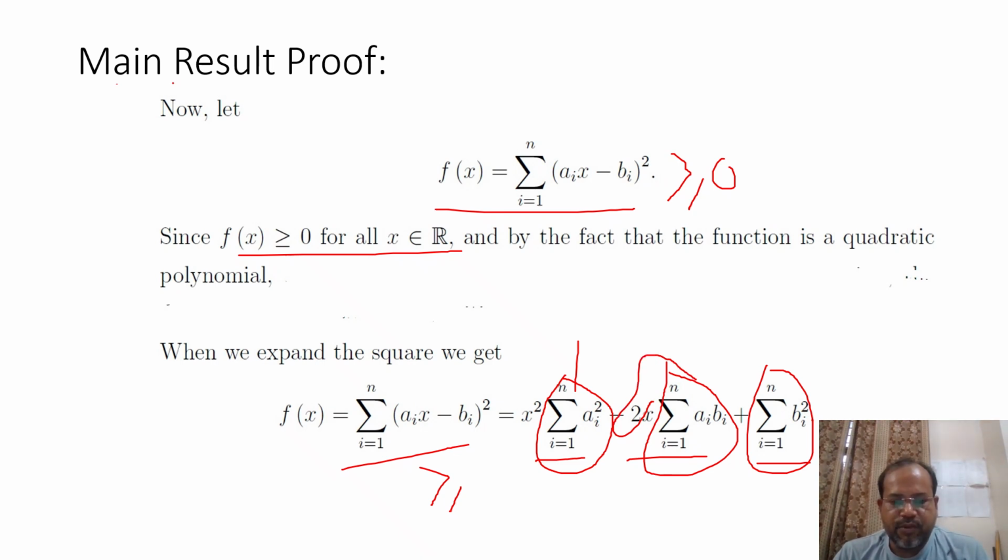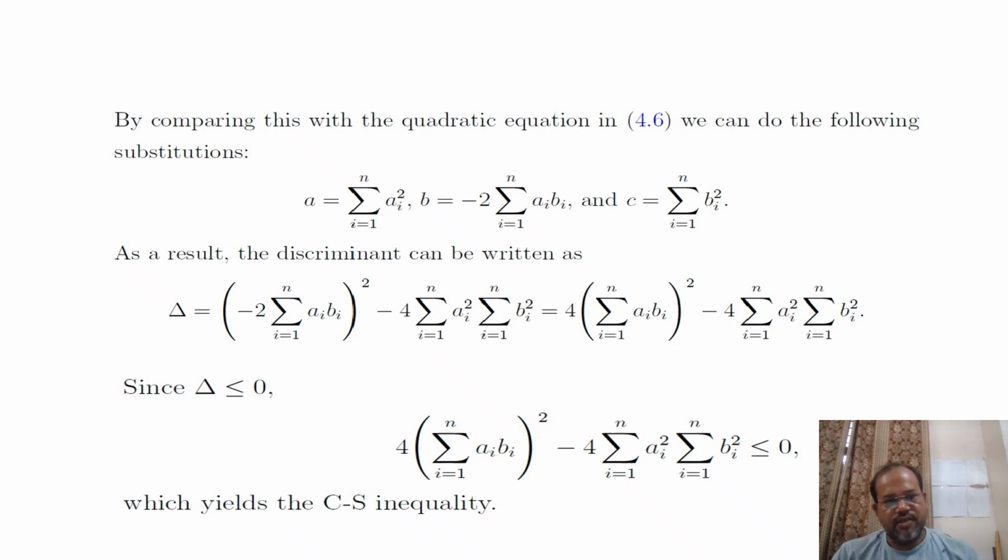As we proved earlier, since this is greater than or equal to 0 and the coefficient of x square is also greater than 0, its discriminant is less than or equal to 0, which comes in the next slide.